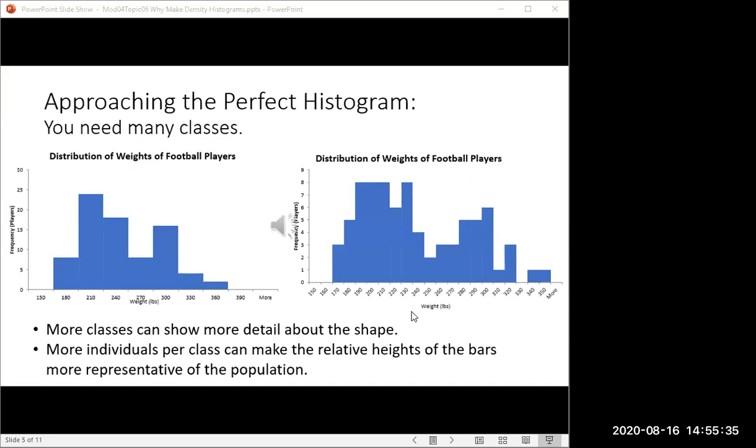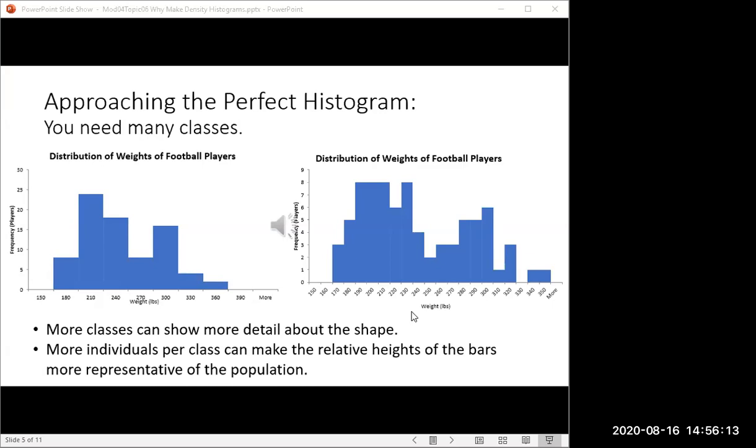See, I have here two frequency histograms for the weights of football players. This is based on the data in the spreadsheet for the course, the tab in that spreadsheet that lists the weights of 80 football players. And I've made two histograms from that. Now, it's a little misleading because I only have 80 football players, and the graph on the right has a lot of classes, and I don't really have enough players to support all those classes.